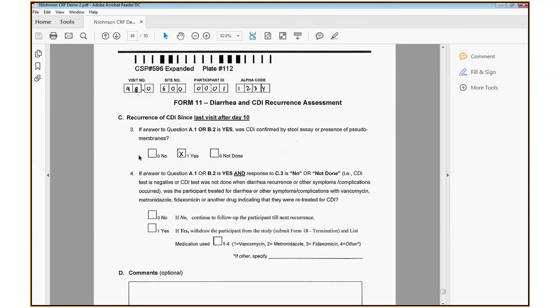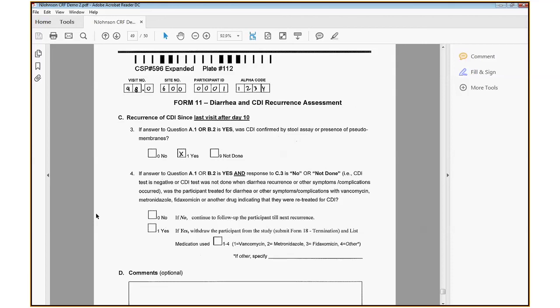Recurrence of CDI since last visit after day 10. If the answer to question A1 or B2 is yes, was CDI confirmed by the stool assay or by the presence of a pseudomembrane? Yes. If the answer to question A1 or B2 is yes, and the response to C3 is no or not done, the CDI test is negative or the CDI test is not done, with diarrhea recurrence or other symptoms, complications occurred.